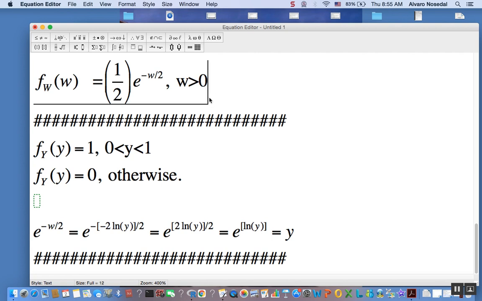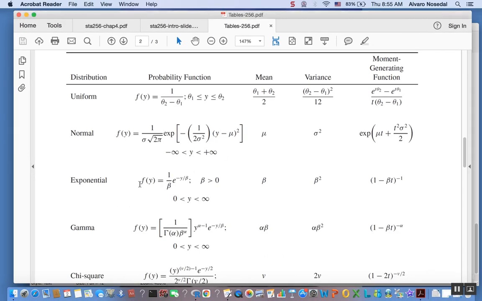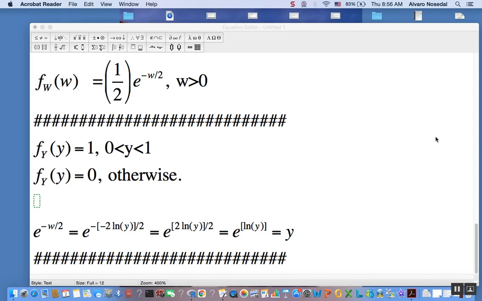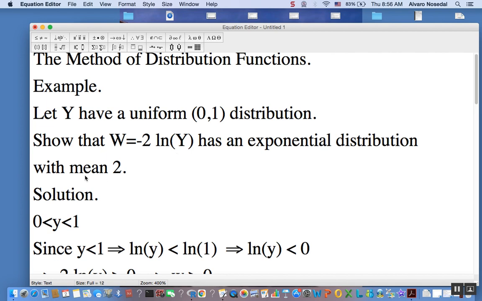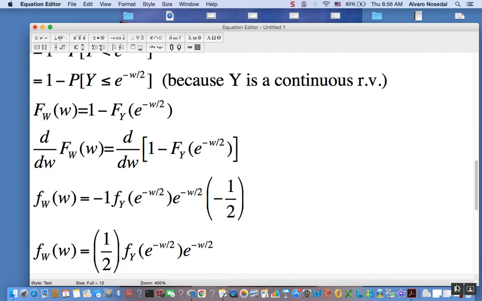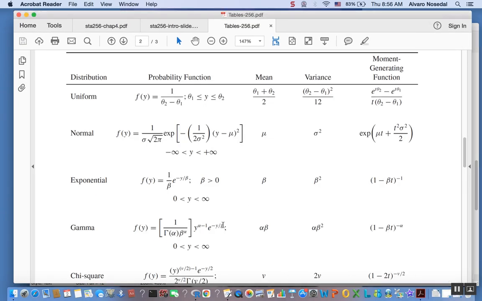So going back to our table, that's just the PDF of an exponential with parameter beta equals 2, right? And that is exactly what we wanted to show, right? And by the way, also from that table, we have the expected values, right?